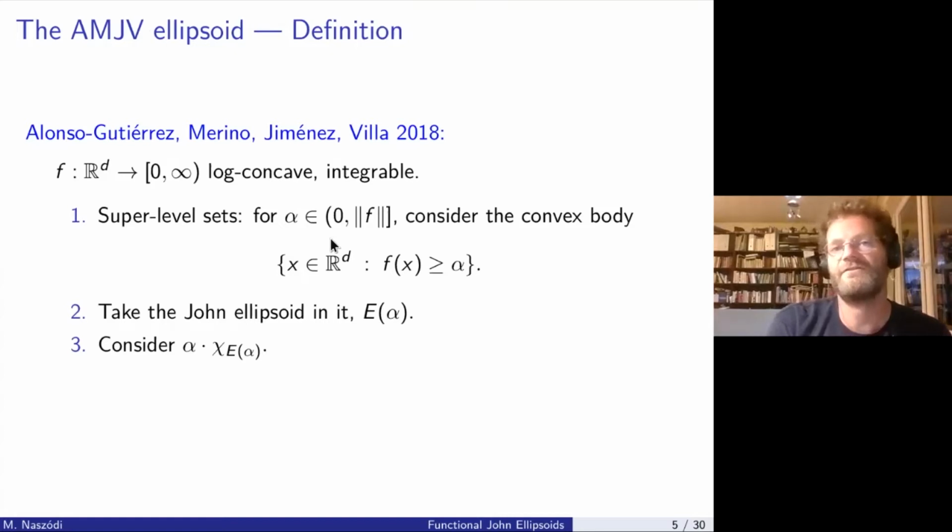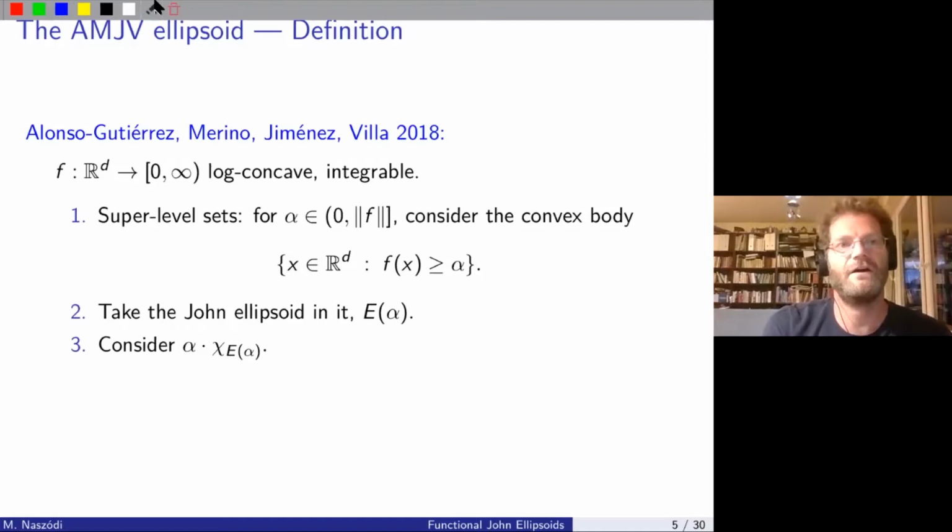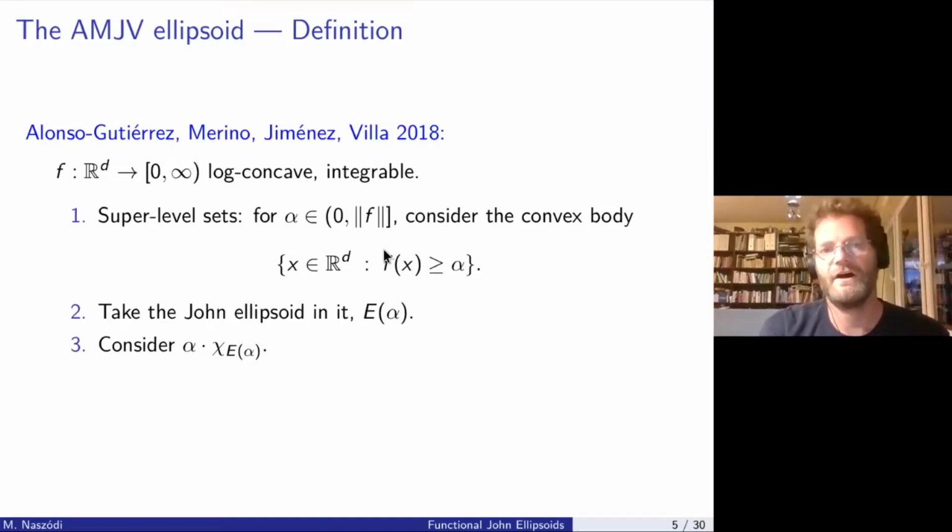So obviously, if alpha is bigger, oh, I'm sorry, I should have said this F norm, this is just the maximum of F, or the infinity norm of F. So if we have alpha bigger than the infinity norm of F or the maximum of F, then of course this set is of measure 0 or empty, so then it's not interesting. So we take a non-negative meaningful alpha and take the super level set.